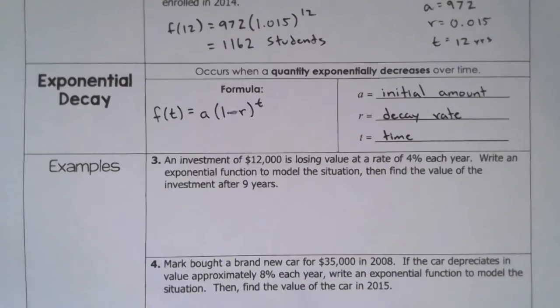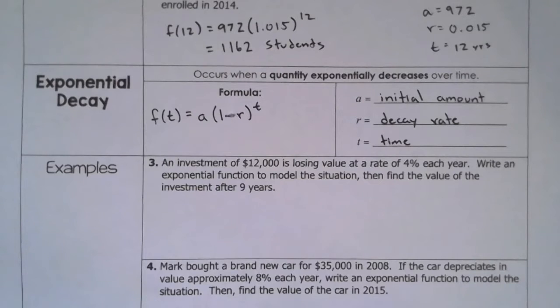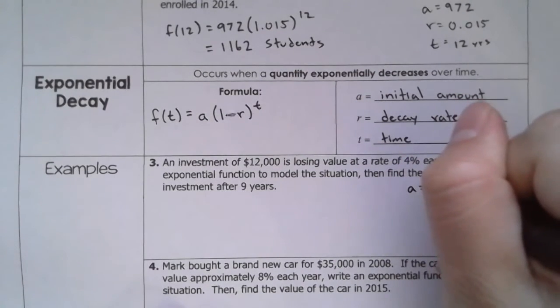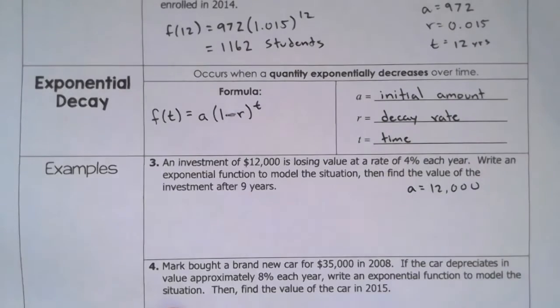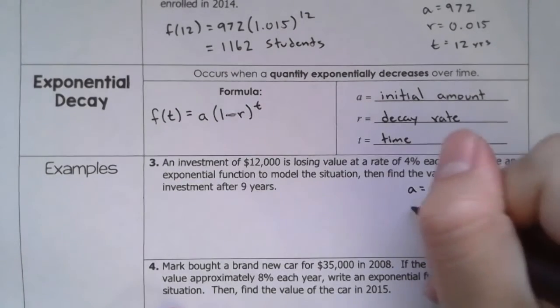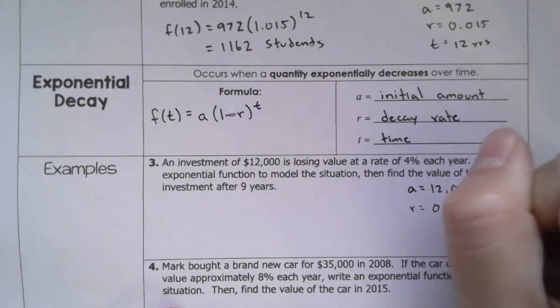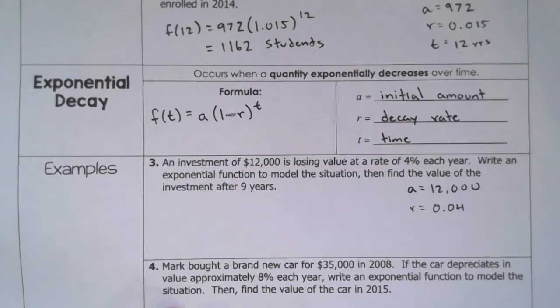So number 3 says that an investment of $12,000 is losing value at a rate of 4% each year. So A is 12,000 and R is 4%, so 0.04, and T is 9 years.